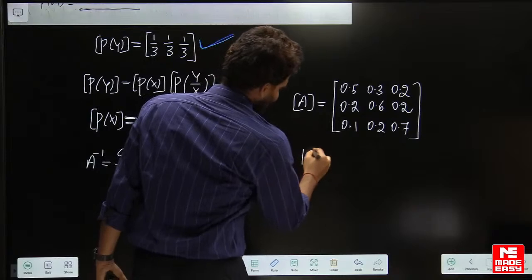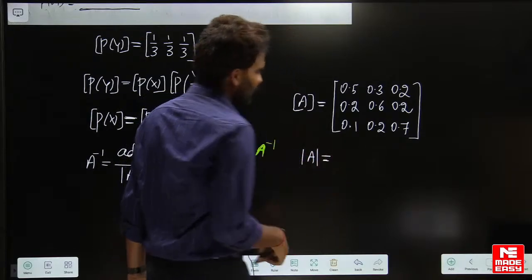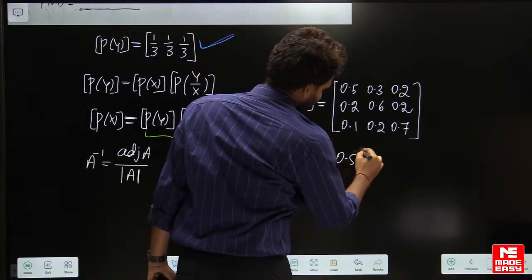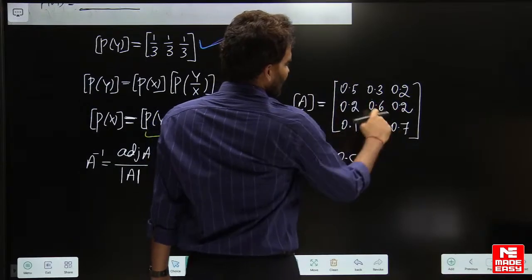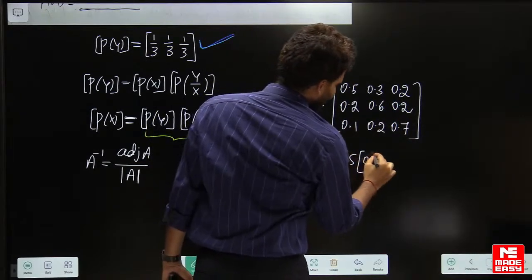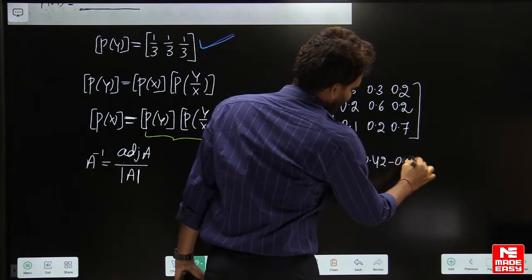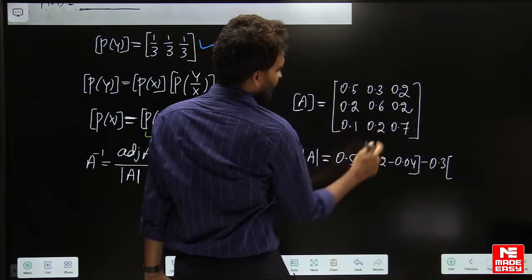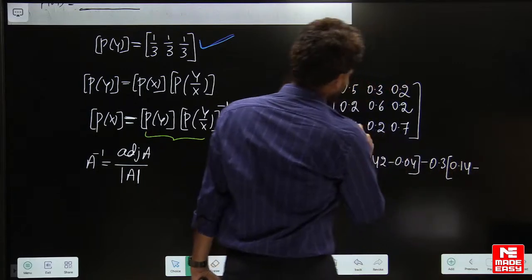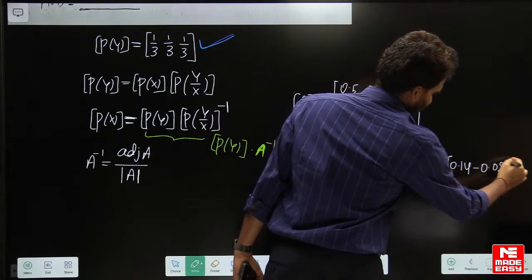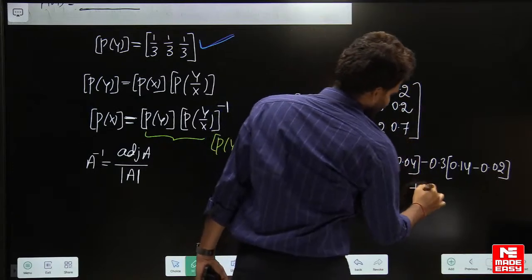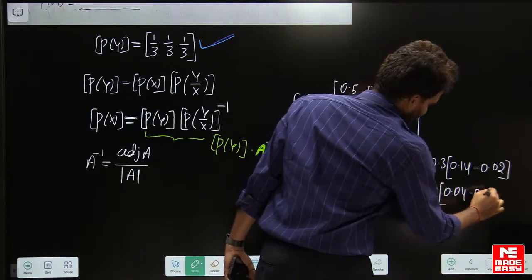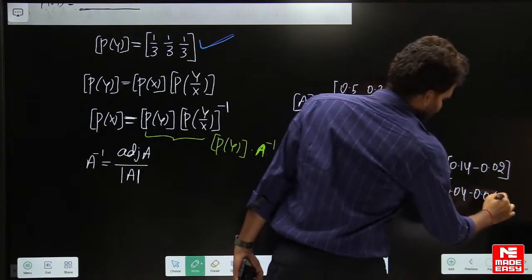So what is the determinant of A? I think you know how to find the determinant of a matrix. This is 0.5 times (0.6 times 0.7, which is 0.42, minus 0.04), minus 0.3 times (0.14 minus 0.02), plus 0.2 times (0.04 minus 0.06).